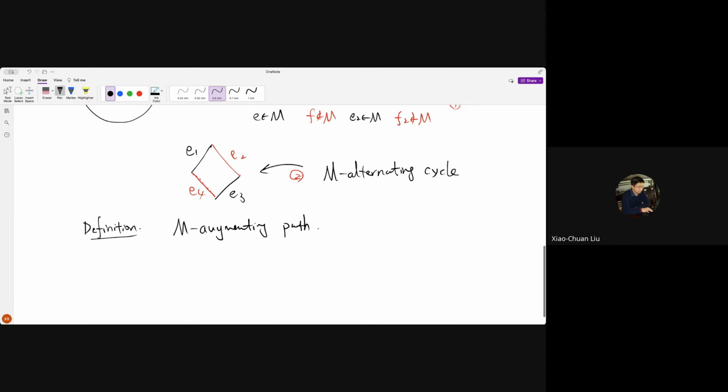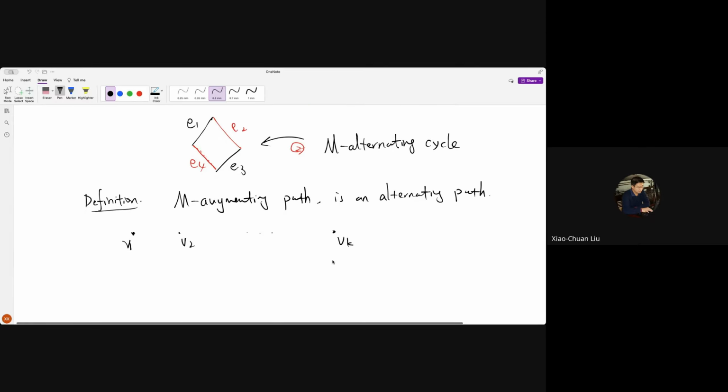It's a path such that first it is an alternating path, starting from V0, V1, V2, and until Vk, for example.